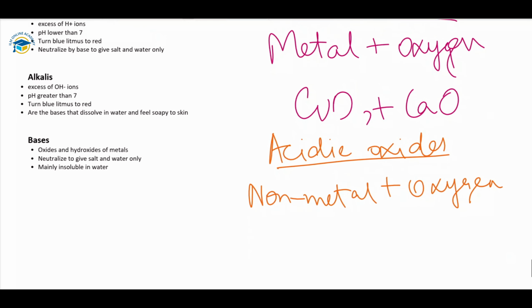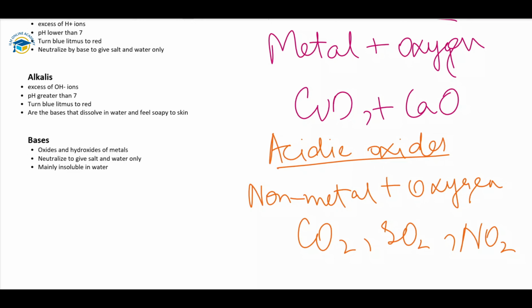For example, carbon dioxide, sulfur dioxide, and nitrogen oxide. Nitrogen, sulfur and carbon are all non-metals. So when non-metals combine with oxygen, they form the acidic oxides.